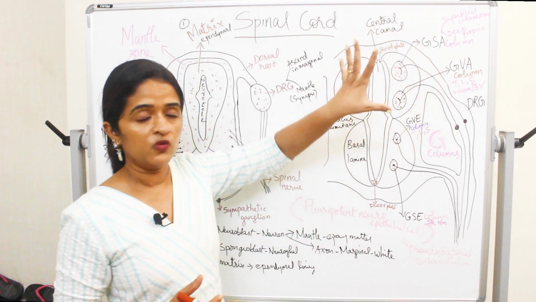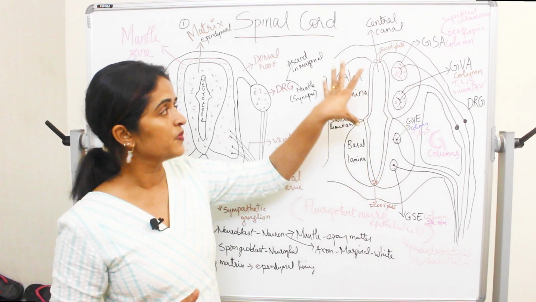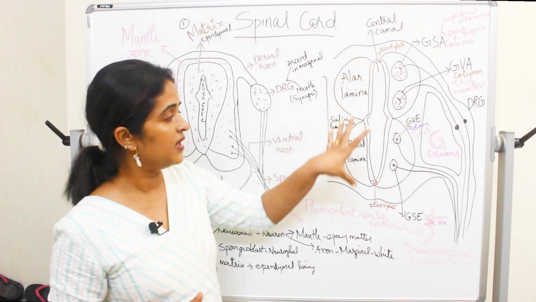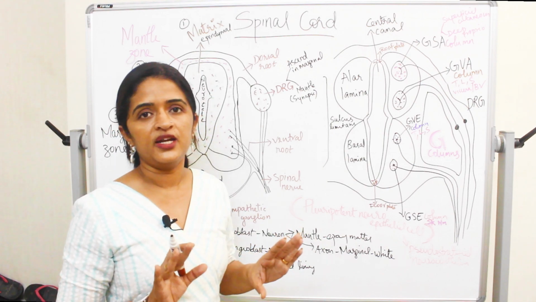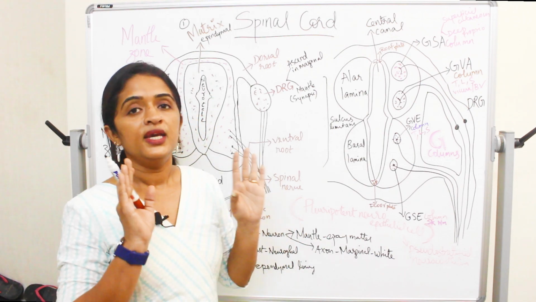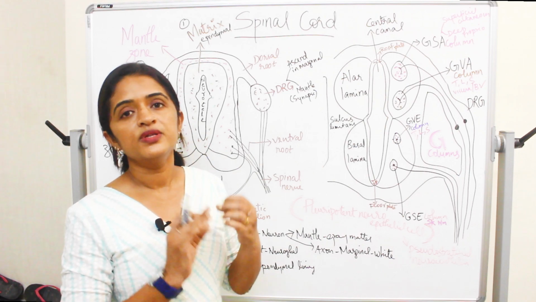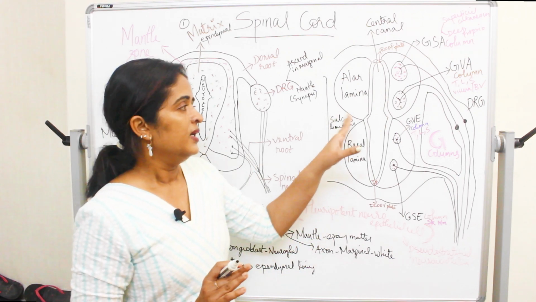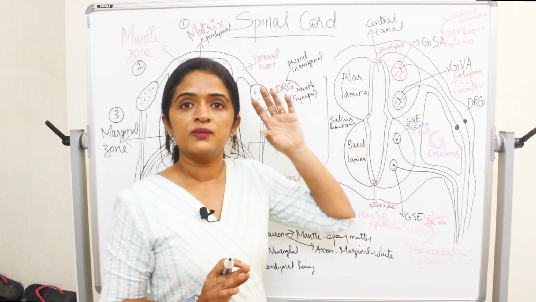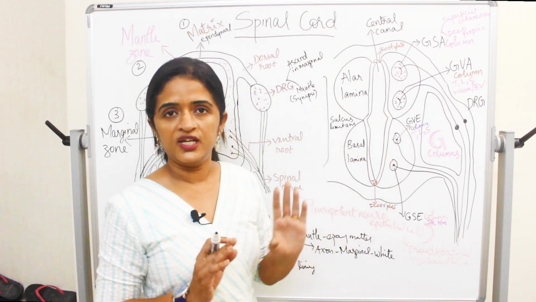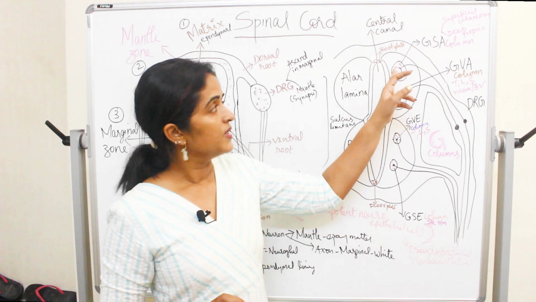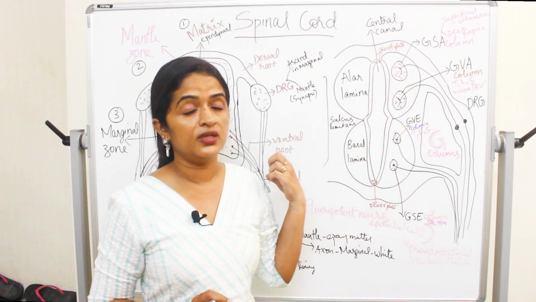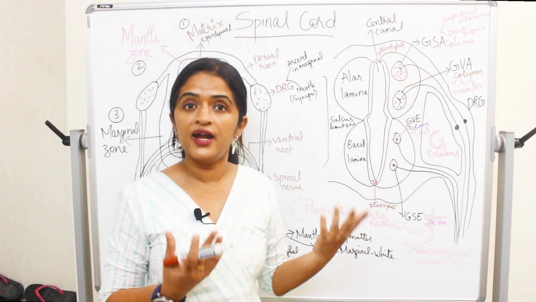So once again I will just give a clear view. The dorsal or alar lamina, ventral or basal lamina, all the functional columns of the spinal cord are general. In the brainstem only you have special columns. Now the dorsal is mainly sensory, ventral is mainly motor. This much is clear, isn't it? Sensory means the sensations. They are mainly superficial and deep.